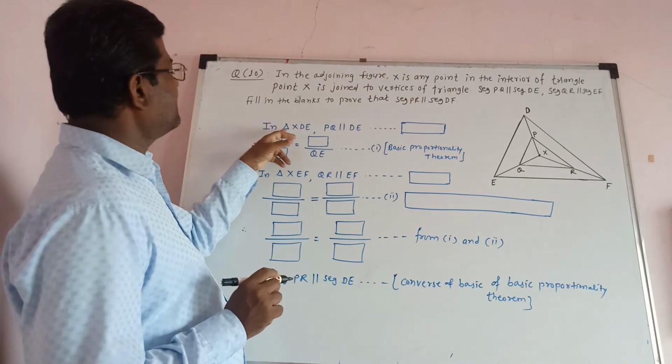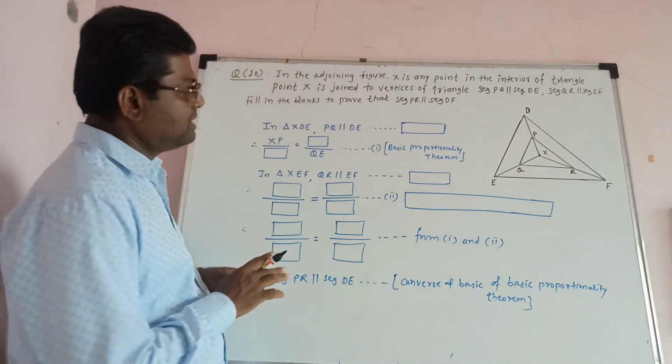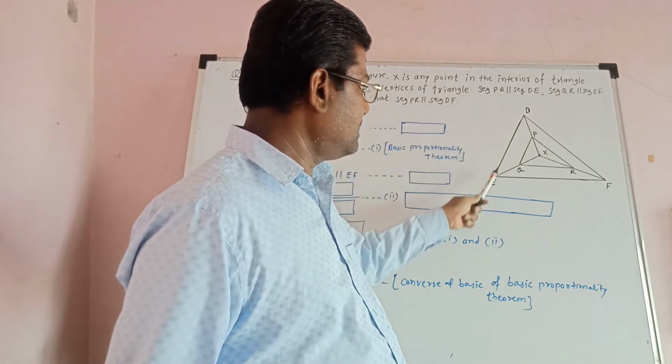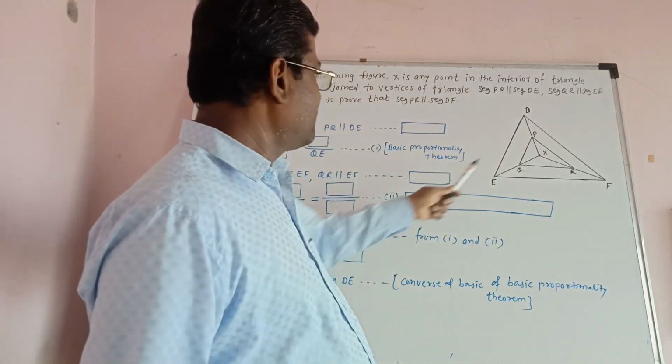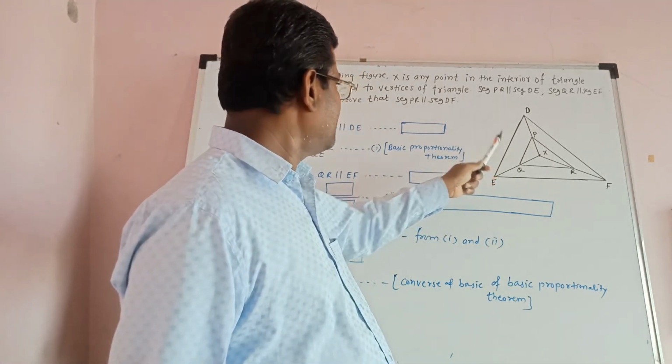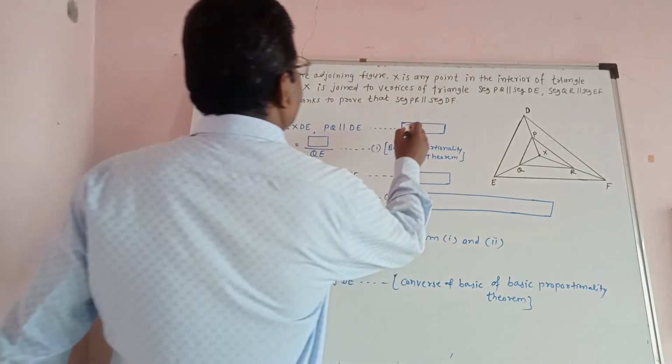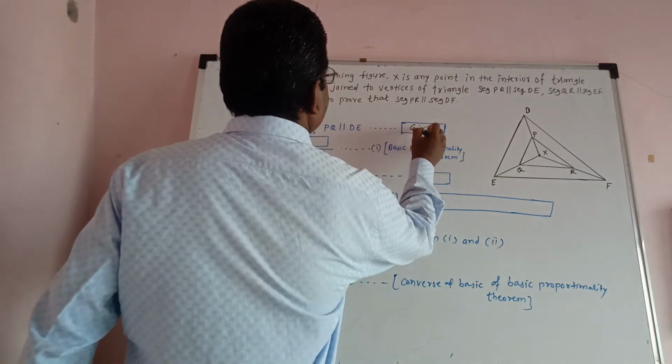Now let us see in triangle XDE. In triangle XDE, PQ parallel to DE. This is given.